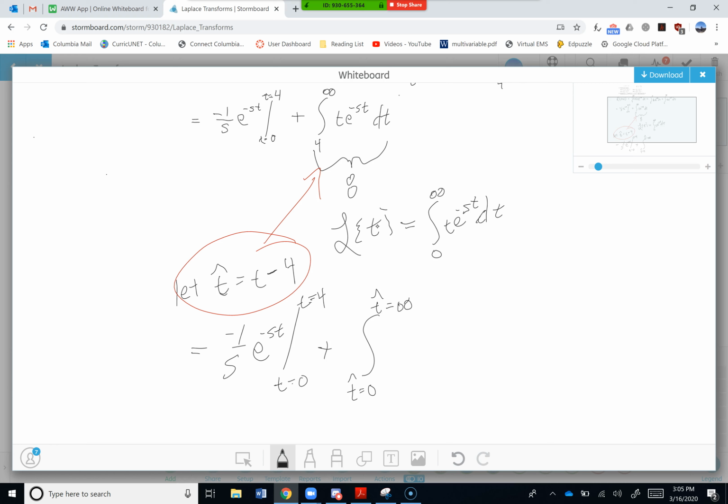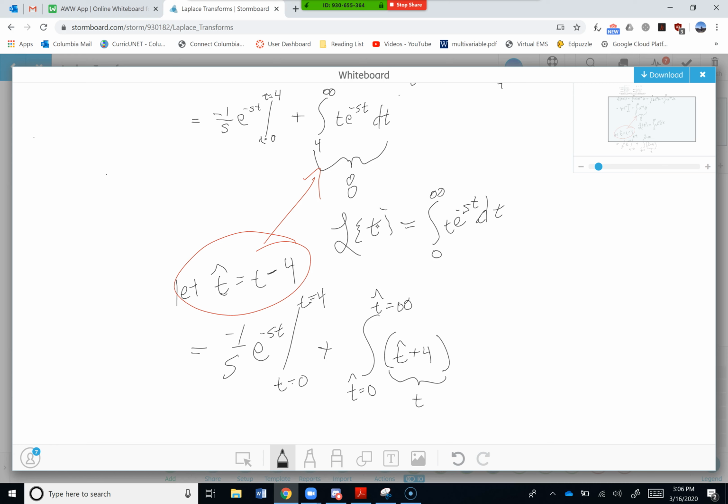Which I'm going to denote as infinity. And then in here I need the old t, which is t minus 4. Close. This needs to be the old t, plus 4, which is the new t plus 4.